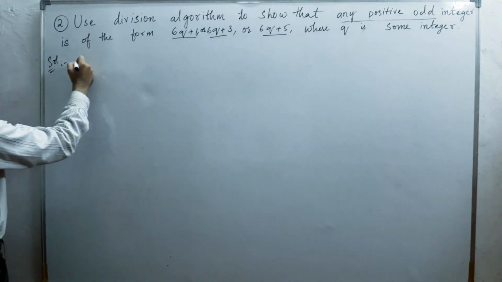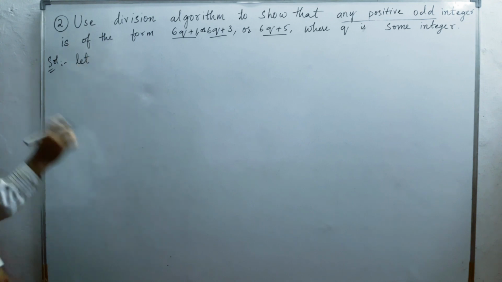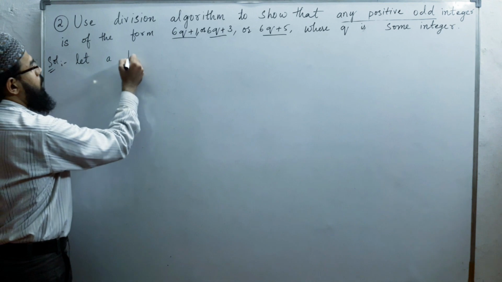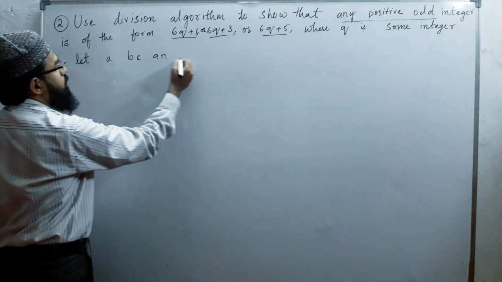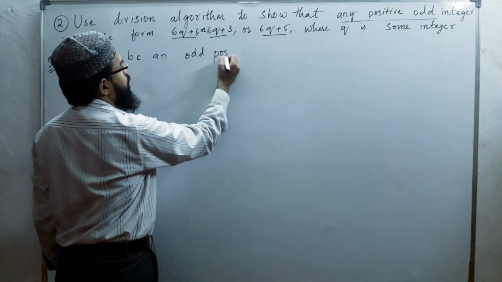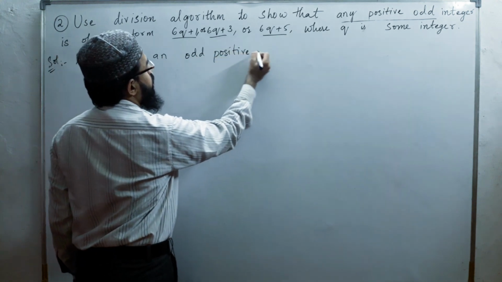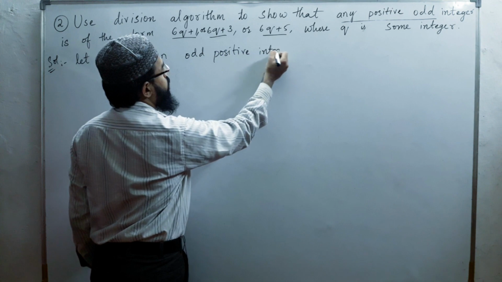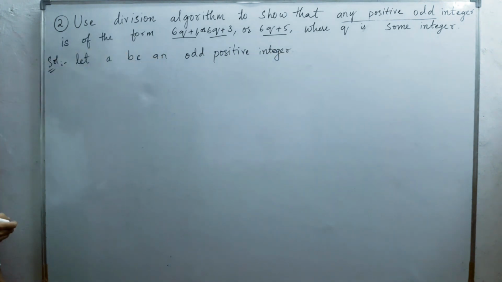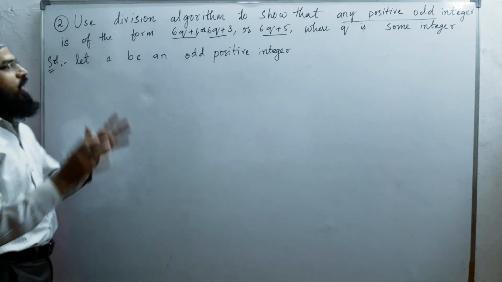First of all, let us assume that a be any odd positive integer. Next, what we have to prove?